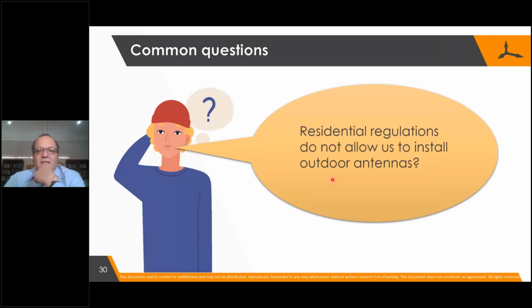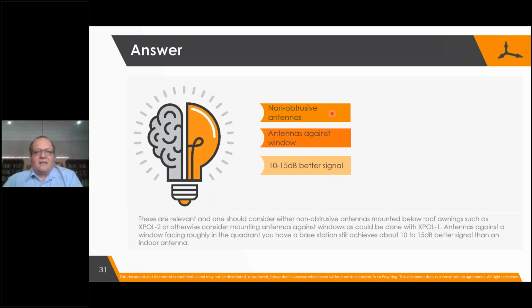Then there's the last part, residential regulations. That's often an issue in terms of installing outdoor antennas. And this often comes from people installing satellite dishes and big Yagi antennas for terrestrial TV. So that's often why the restriction applies. But if it's a restriction, I think one of the ideas is, of course, using nice panel antennas.